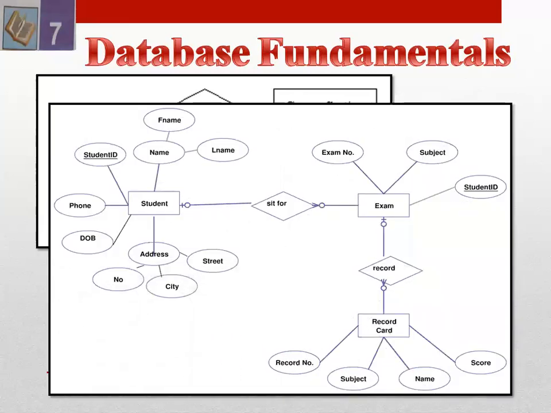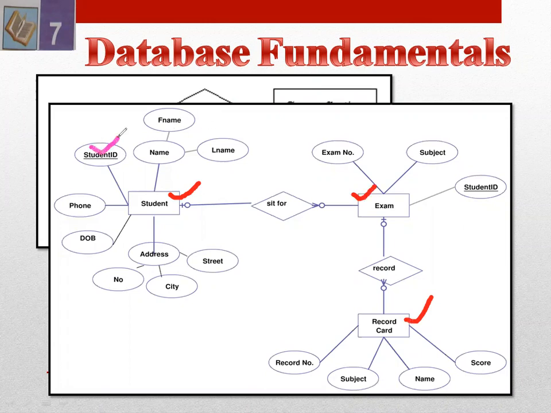So here you can view one more example of student management system. Here you can view the student, exam, and record card. So here we have student. This is one entity. Exam is one more entity, and here record card is one more entity. So these are attributes.